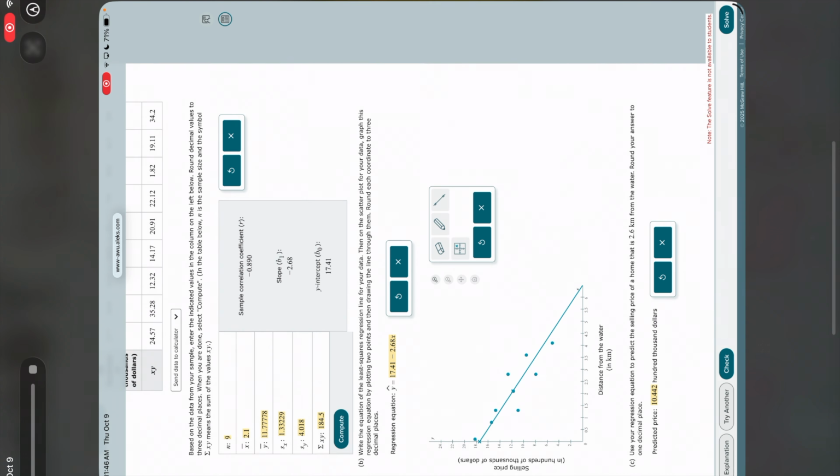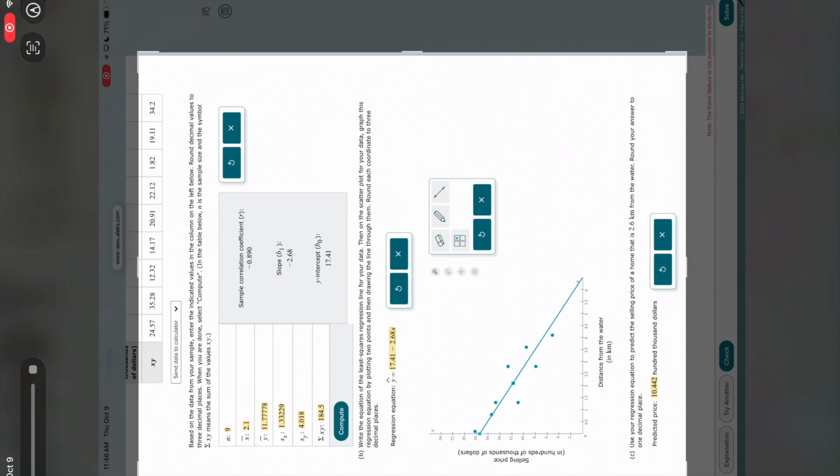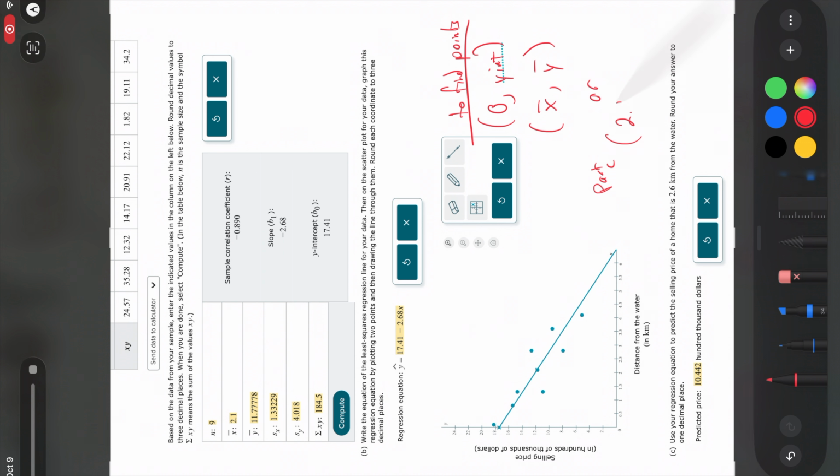But the main thing that gives you all trouble, one, use the calculator for that first part, and two, the graph. So just to write these out real quick, to find points, use 0 and your y-intercept, or you use x bar, y bar. You can use part C for one of your answers.